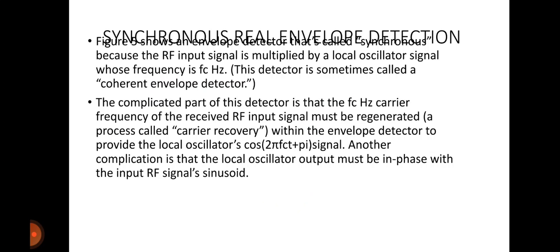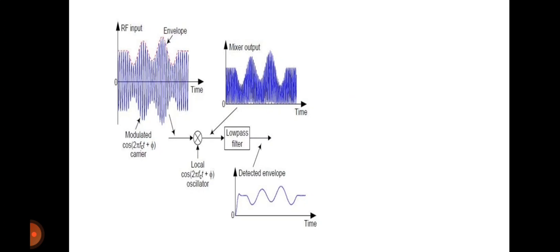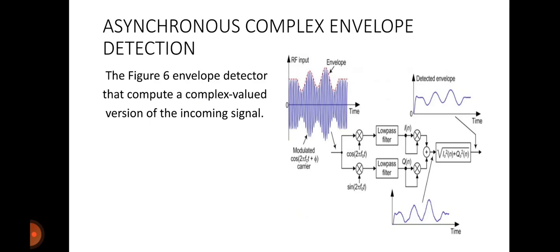This is the required figure of synchronous real envelope detection and asynchronous complex envelope detection. The figure 6 envelope detector is computed with the complex valued version of the incoming signal.